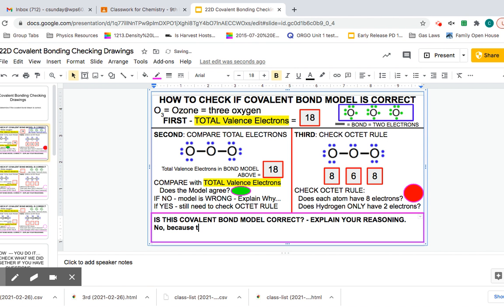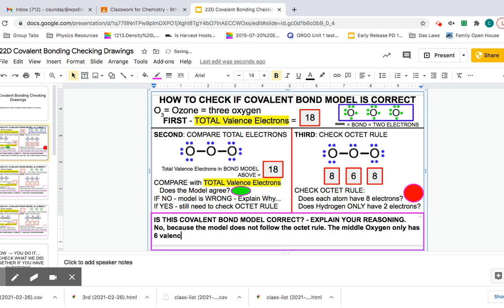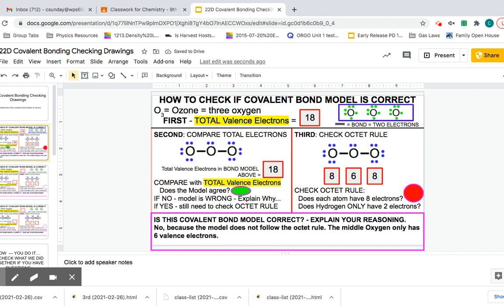Because the model does not follow the octet rule. The middle oxygen only has 6 valence electrons, right? That's our mistake. That's our problem. So that's why this drawing is wrong. So that is that.